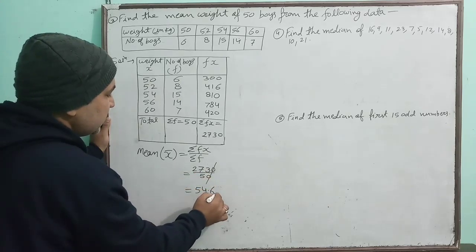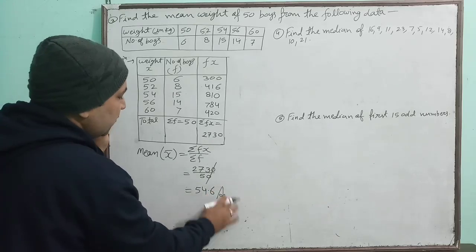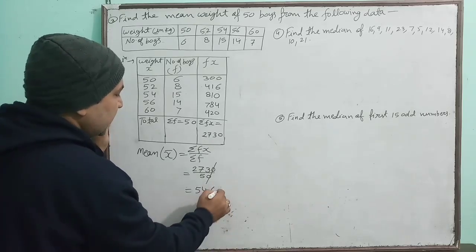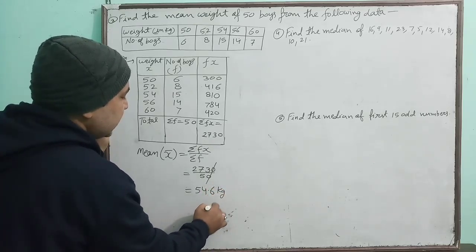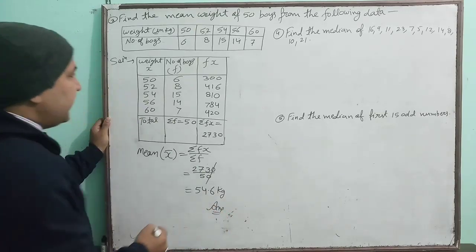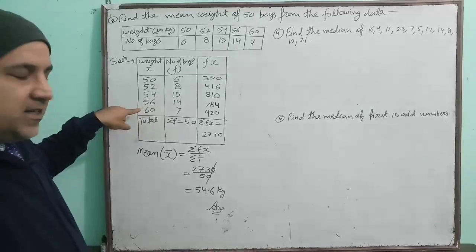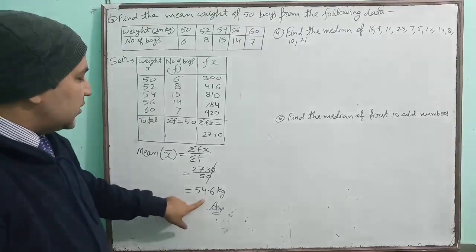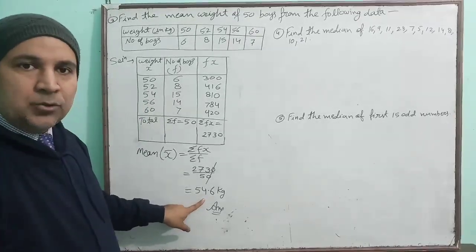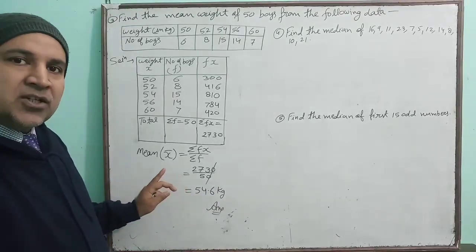Then 5 into 6, 30. 54.6 kg. 54.6 kg is the mean weight. Understood? Because observation is in kg, that is why our mean weight will also come in kg. Unit will be kilogram. Understood?